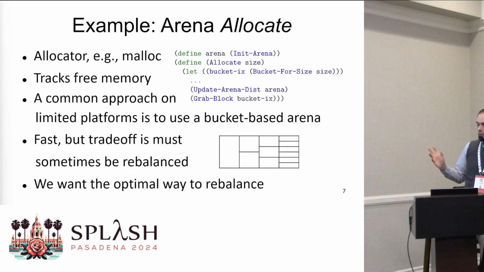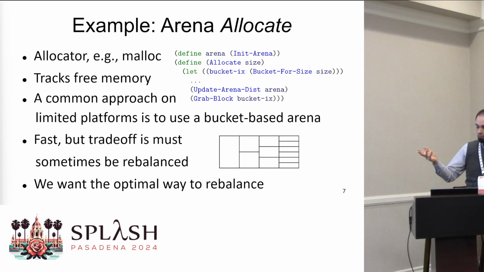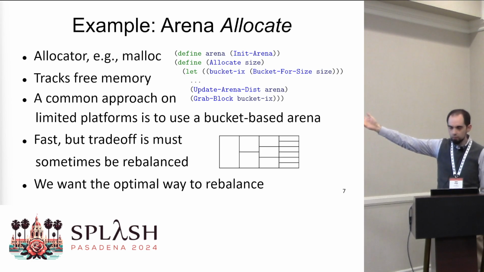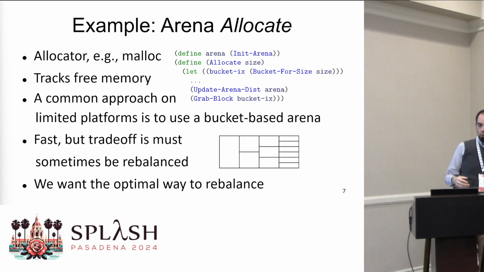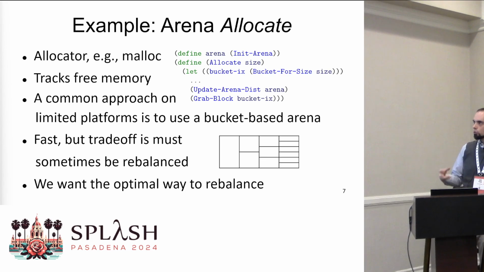Okay, so for an example of why you might want to use something like Scimitar, consider an allocator like malloc, right? We have our code here on the right, which defines an allocate function we'll talk about in a second. In systems with manual memory allocation, the runtime needs a way to track the free memory so that you can hand out an allocation when it's requested.